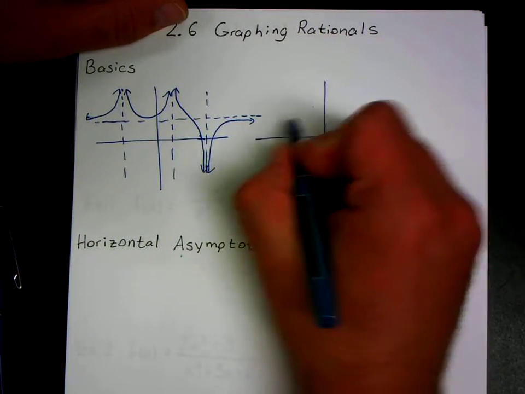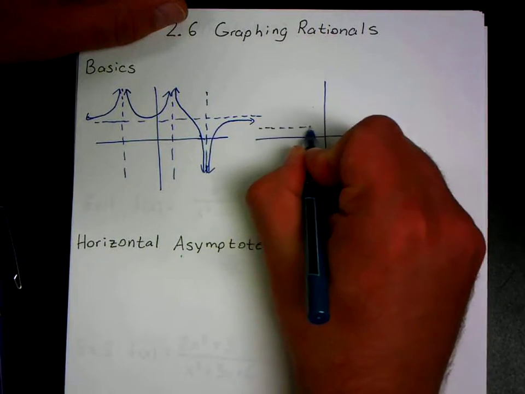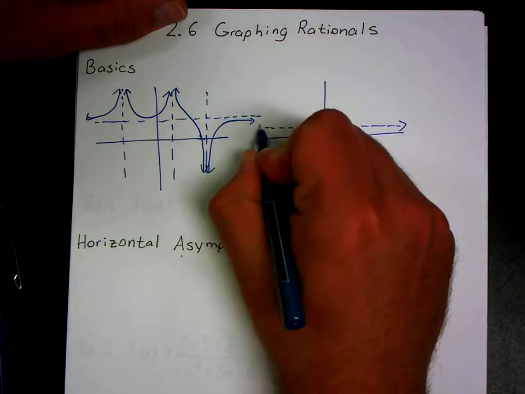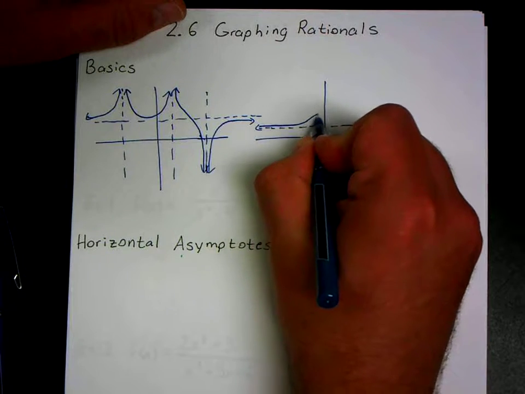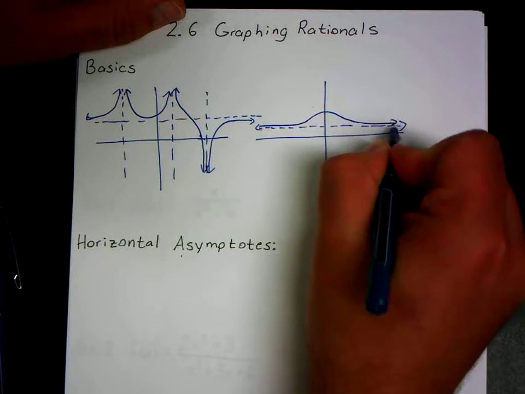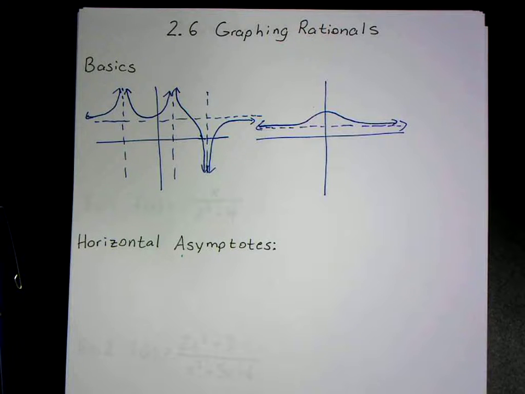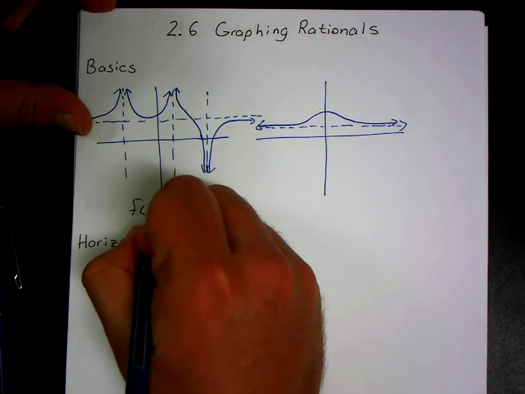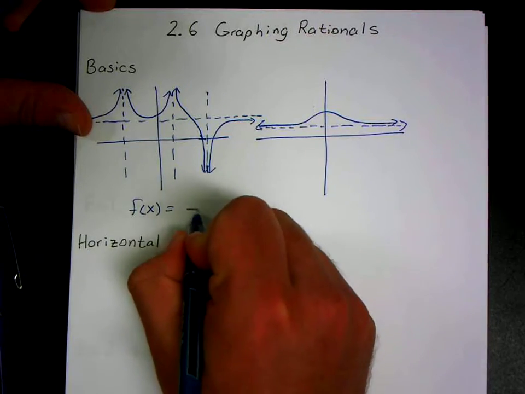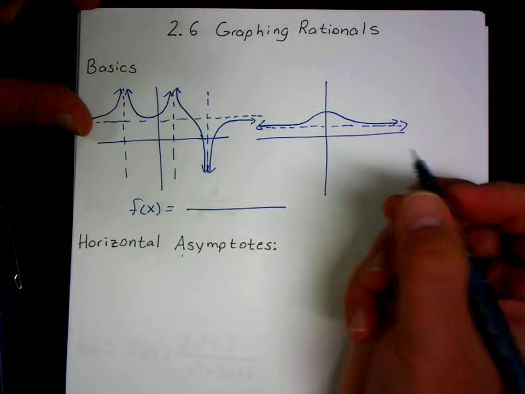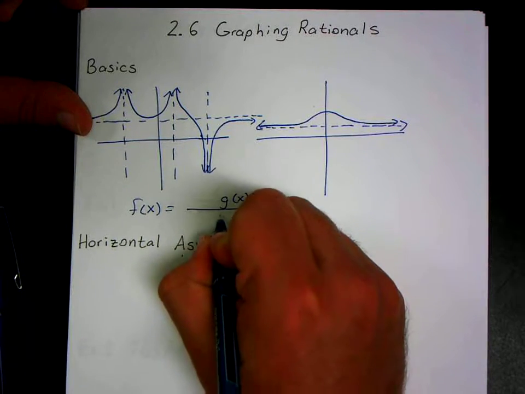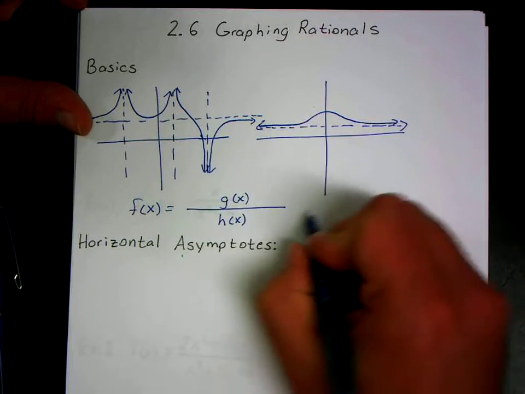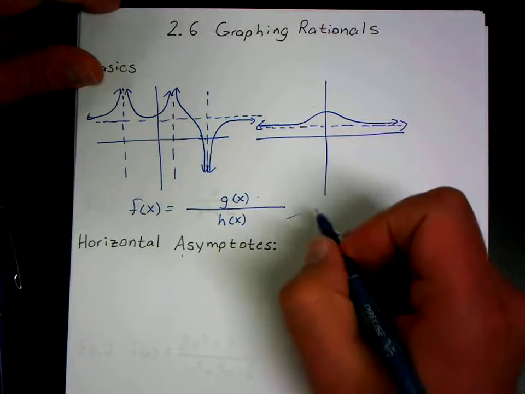But we can have functions that have no vertical asymptotes, even though they're fractions. And we can have weird looking graphs that look like this. And all of these come from polynomial functions from the top and the bottom.